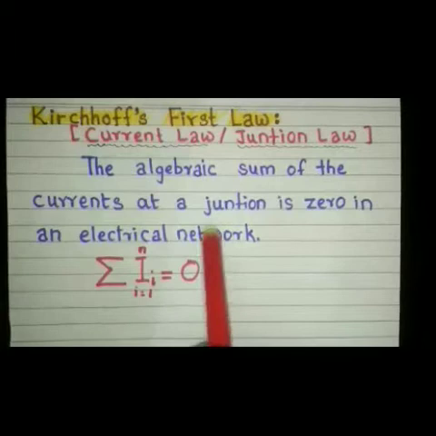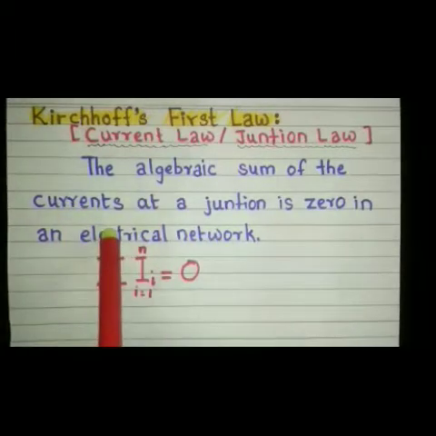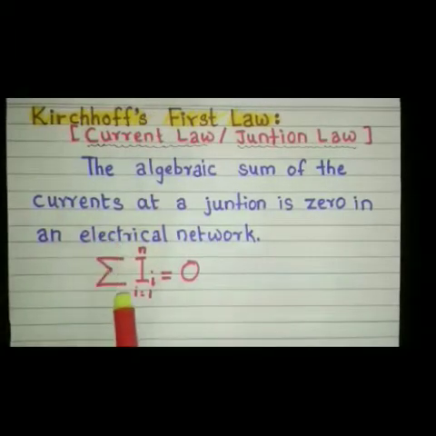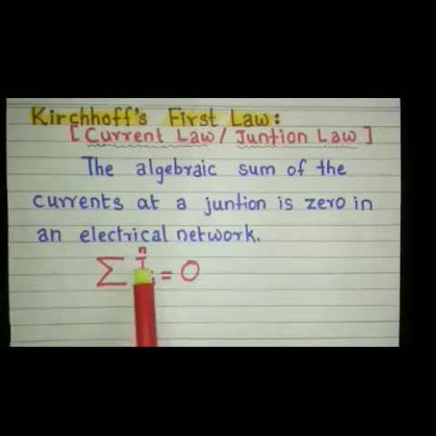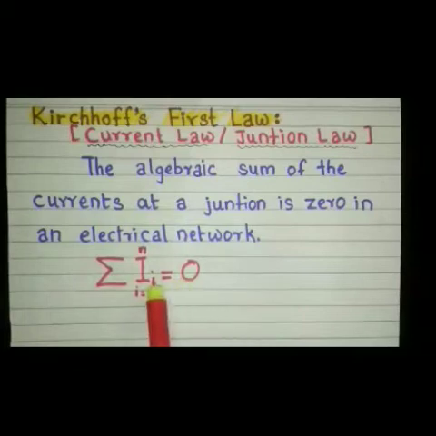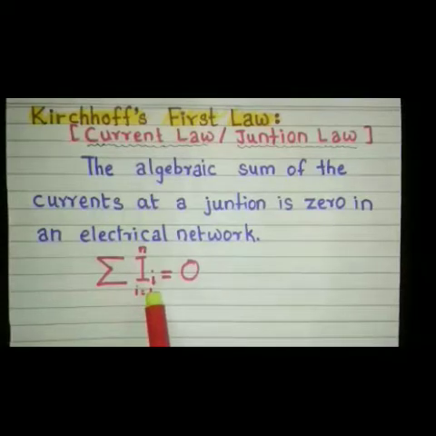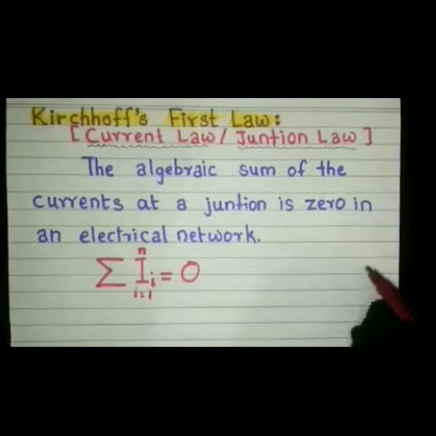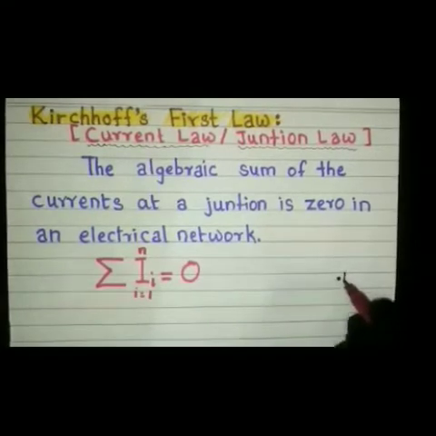If you consider the current in an electrical network as capital I, mathematically we can write this statement as summation of i is equal to 0, where small i could be from 1 to n. For further explanation, we can consider a point P that will be referred to as a junction.